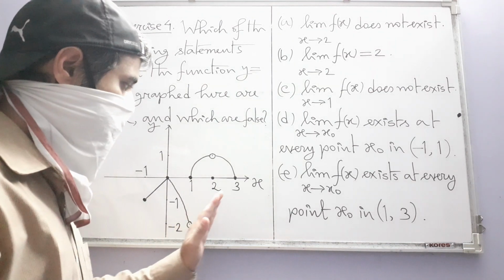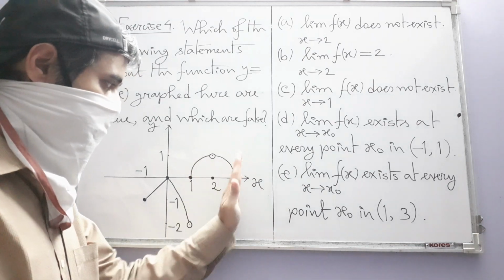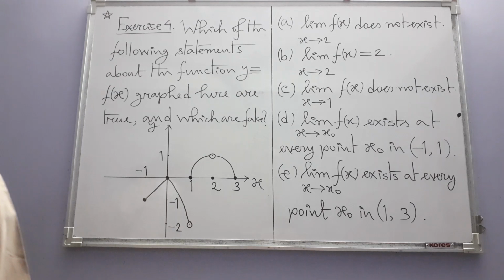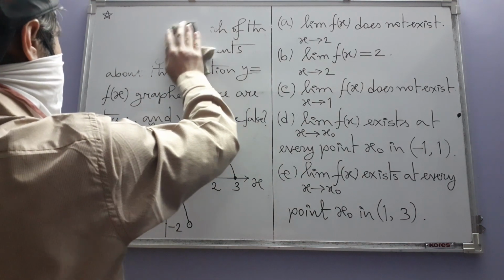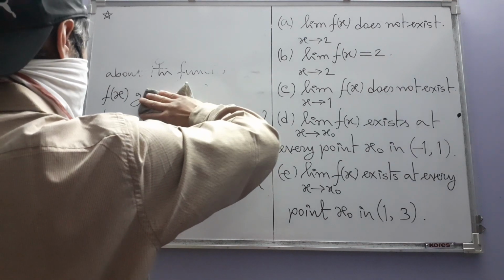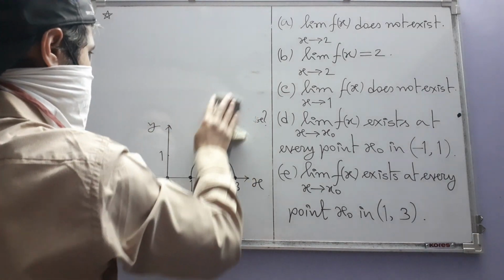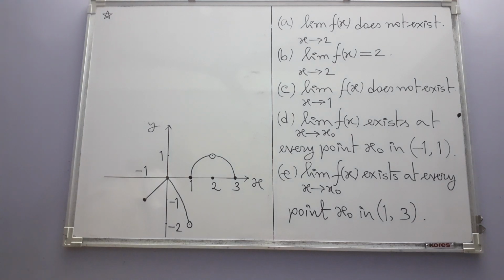For it to be a semicircle, if you draw a vertical line at 3, that should be a tangent to this curve at that point. Okay, now the solution.